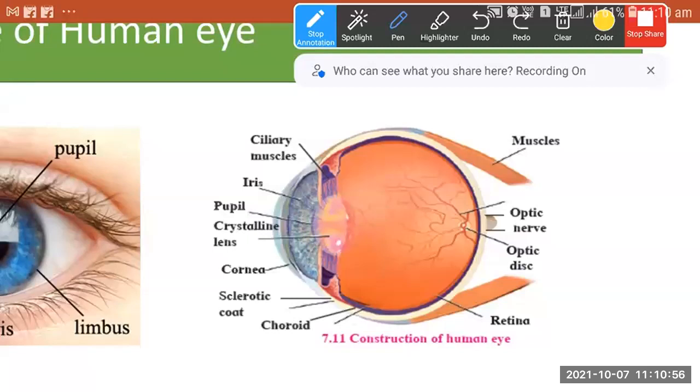Now you can see there, at the very top you have the ciliary muscles. Then you have the iris. Then at the very center, you have the pupil. Then crystalline lens, cornea. Then you have the sclerotic coat and the choroid.